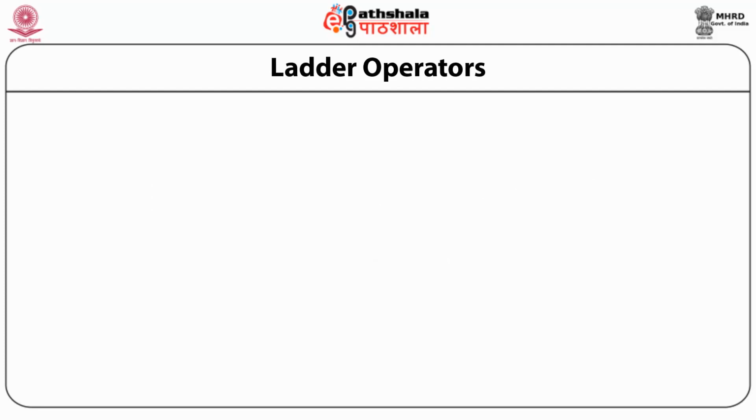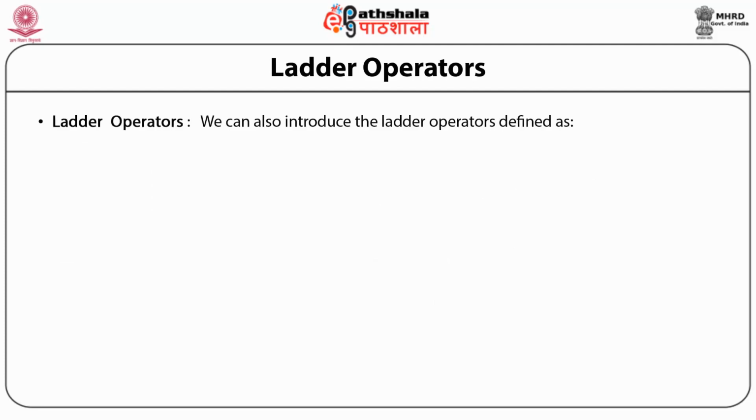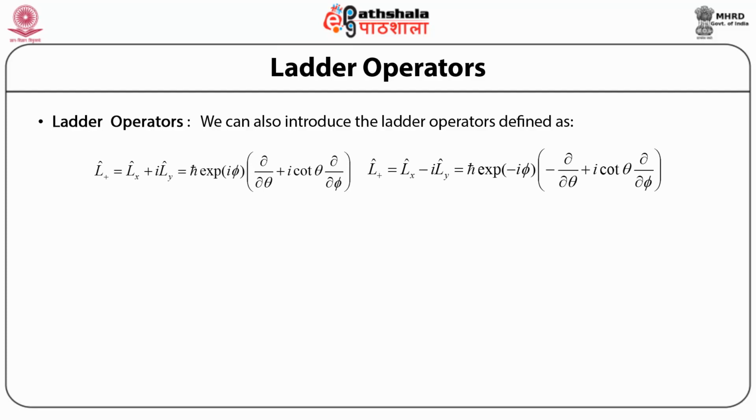We now introduce the ladder operators, which are defined as operator L plus is equal to operator Lx plus iota times operator Ly. This is equal to h cut into exponential of iota phi into within the brackets del by del theta plus iota into cot theta into del by del phi.